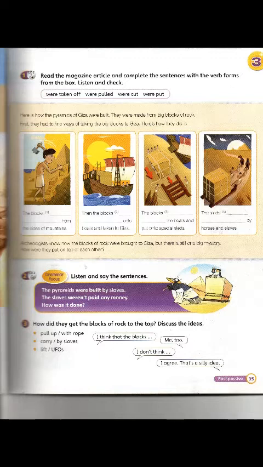Next, number 2. The answer is were put. Next, number 3. The answer of number 3 is were taken off. Next, number 4. The answer is were put. So how many right numbers did you get? Okay, good job.